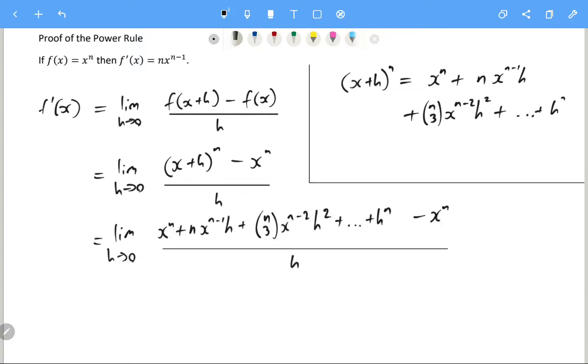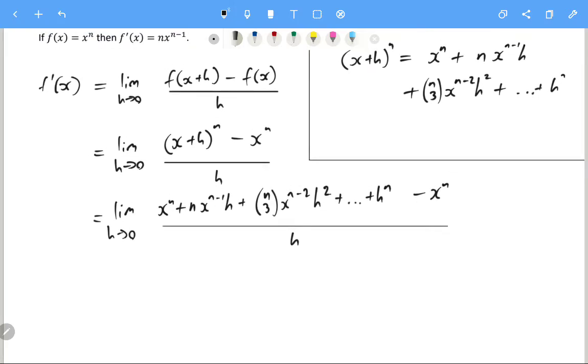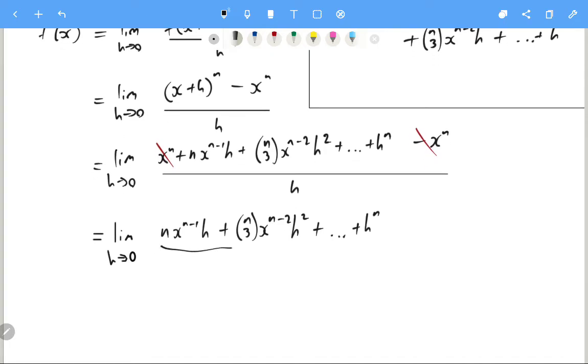So we have potentially a large number of terms on the top, but let's have a look at what happens. First of all, we've got an x to the n and a minus x to the n. So those cancel, and we're left with the remaining terms.